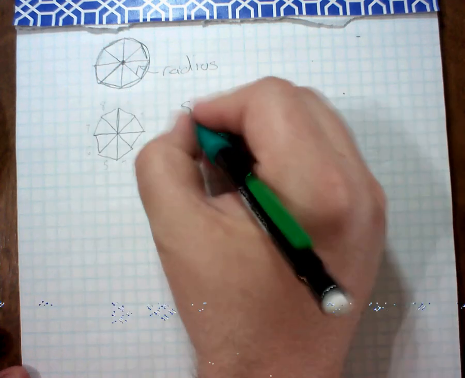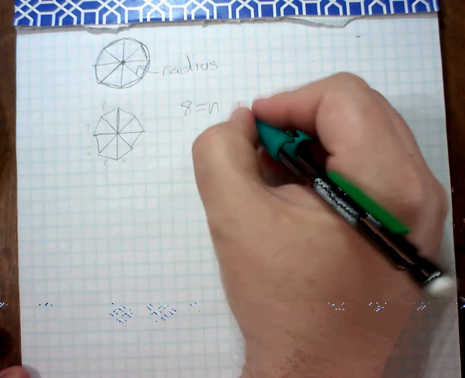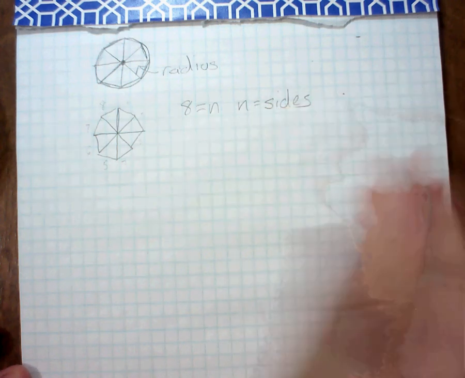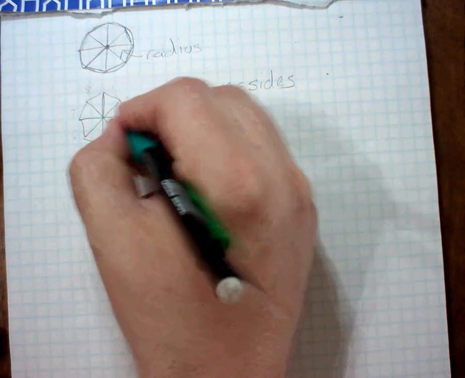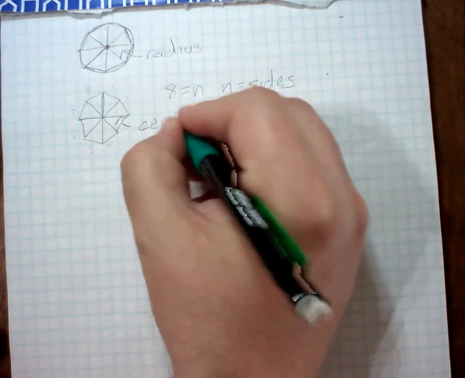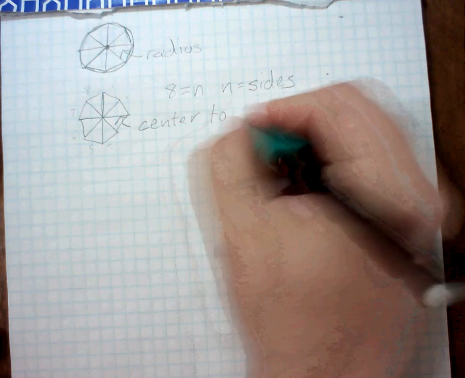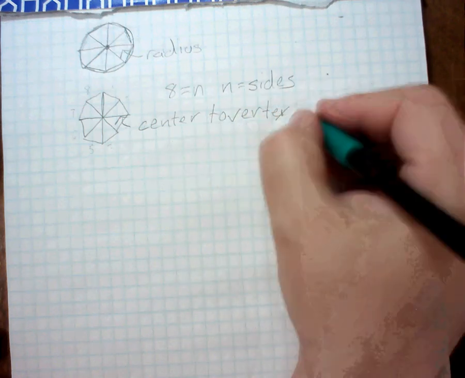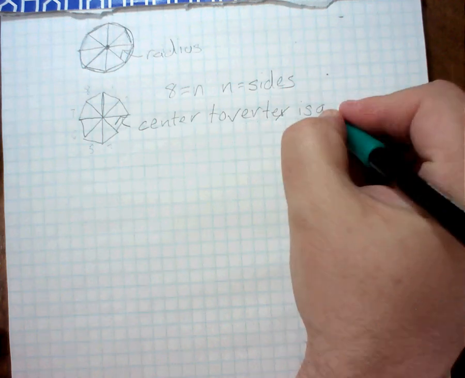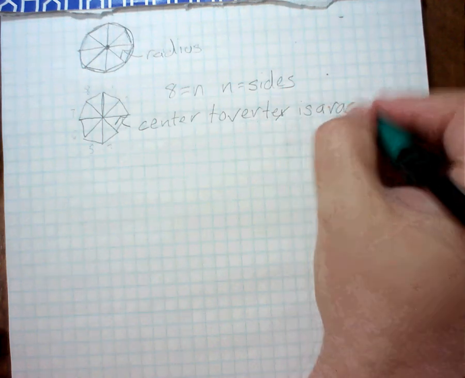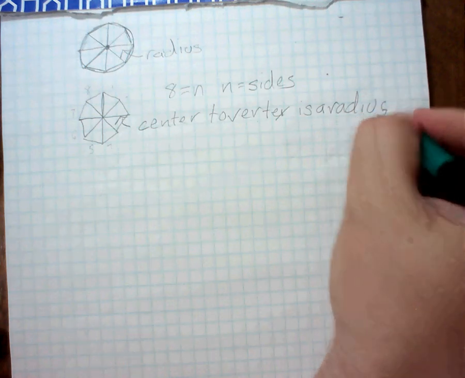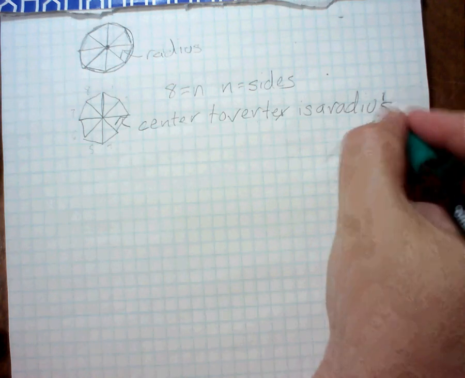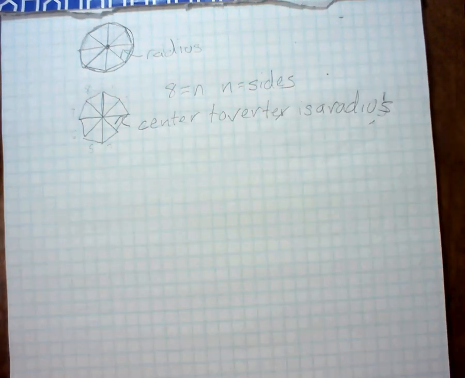So that has 8 sides. And then this right here, from the center to the vertex, that's the corner of the polygon, is what we call a radius. And if you notice, it divides it up into 8 triangles.